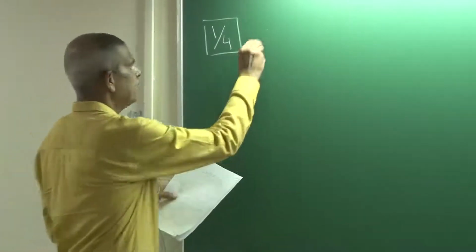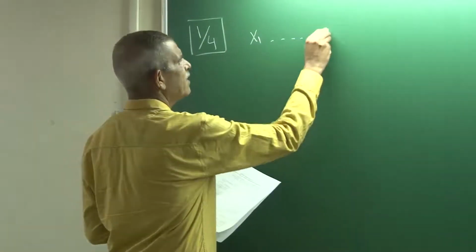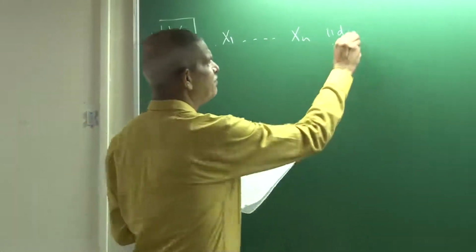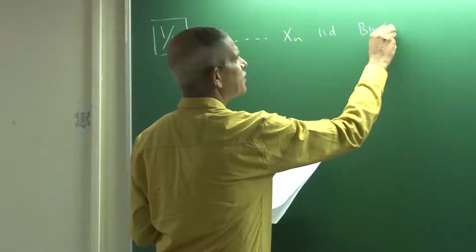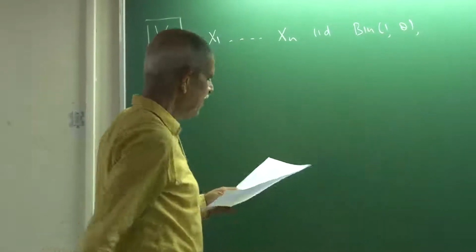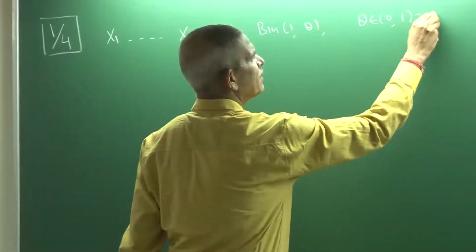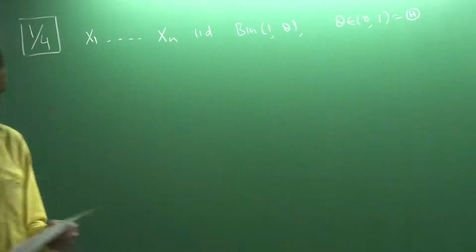What you are given is X1, X2, ..., Xn are IID binomial(1, theta). Theta is an unknown parameter which belongs to the open interval 0 to 1.